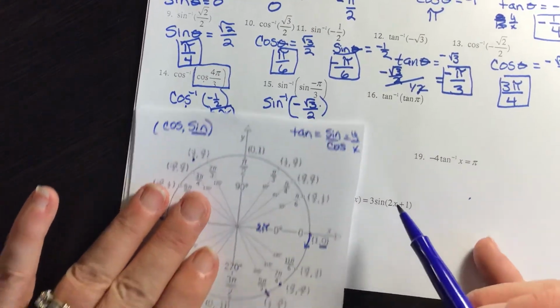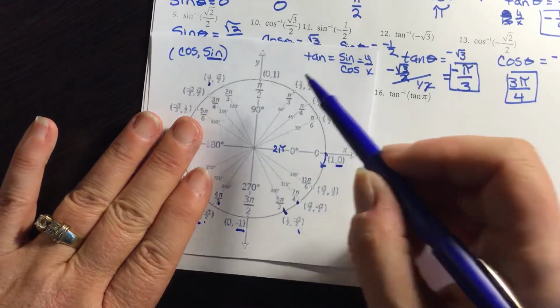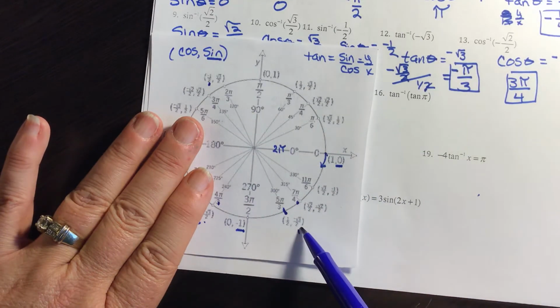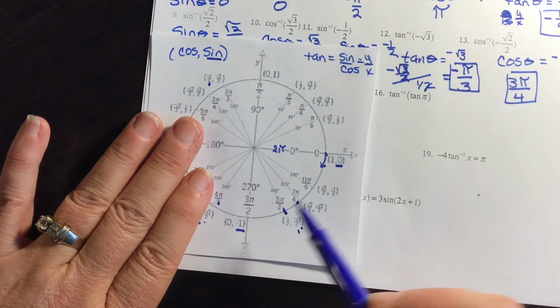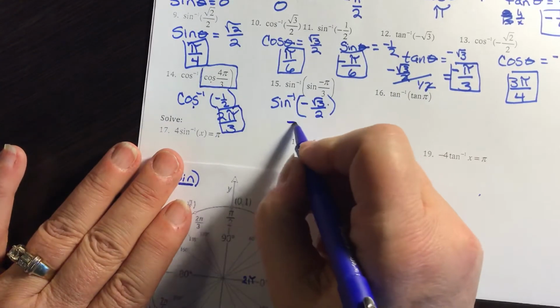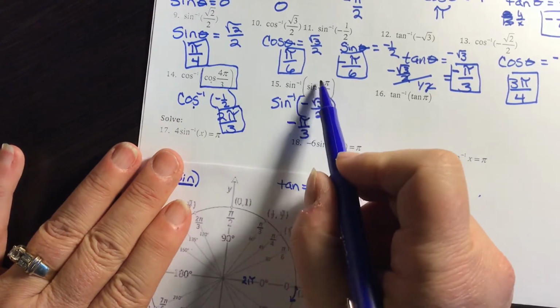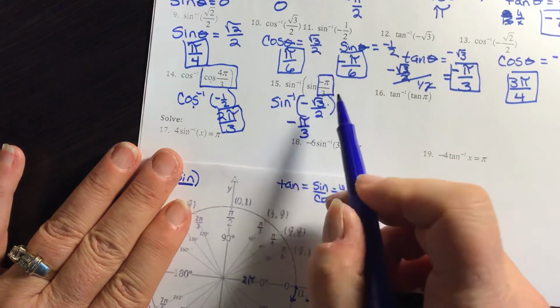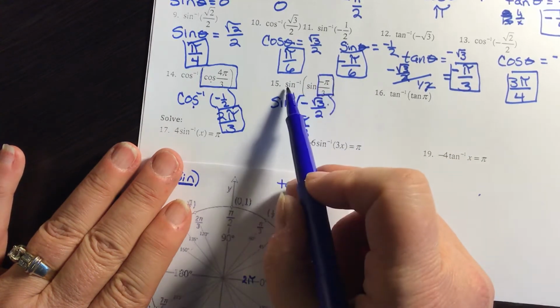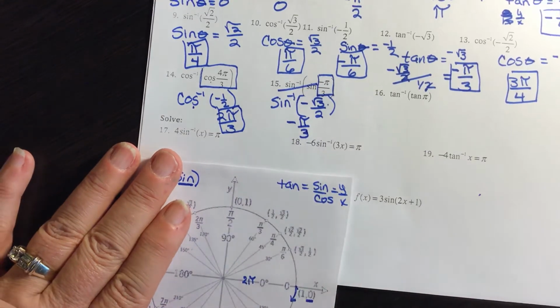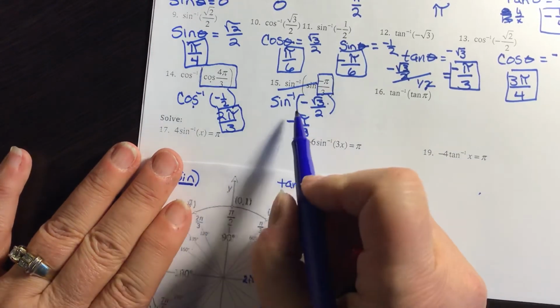I'm looking in quadrants 1 and 4 for a sine of -√3 over 2, and that's my same angle, and that's -pi over 3. And this is one where, because this is in my domain, I could have just canceled them out and said, okay, that's -pi over 3.